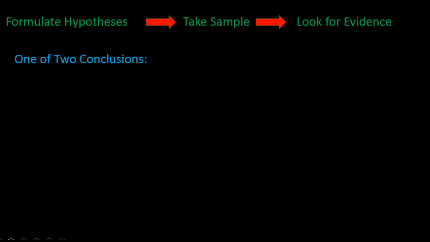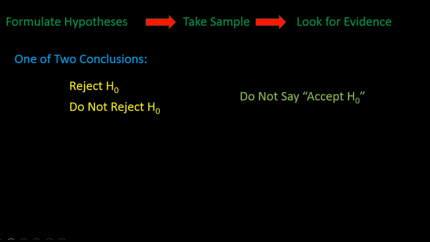And we can come to one of two conclusions: either reject the null hypothesis or do not reject the null hypothesis. Notice we do not say accept the null hypothesis, since this would imply that we have proven the null hypothesis to be true. We are not looking to prove the null hypothesis. We are looking for evidence to support the alternative hypothesis. That is why it is sometimes called the research hypothesis.